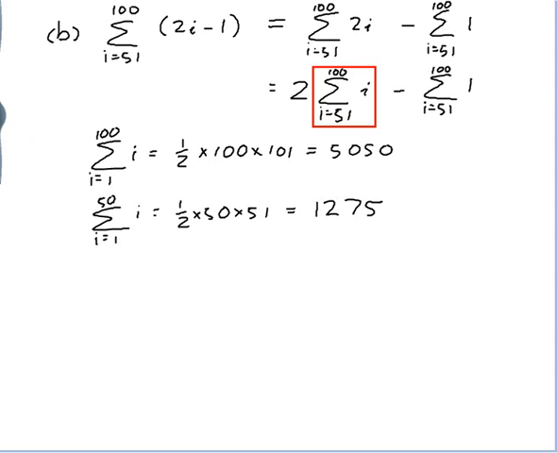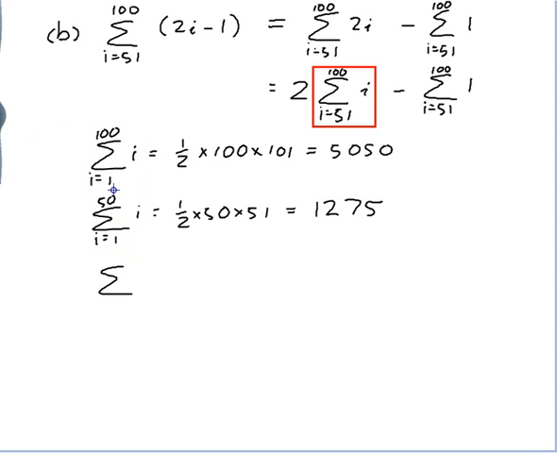And so let's think about this. We've got the sum from 1 to 50 and the sum from 1 to 100. So if we just want the numbers from 51 to 100, we take off all the numbers from 1 to 50 and that would give us the ones we want.